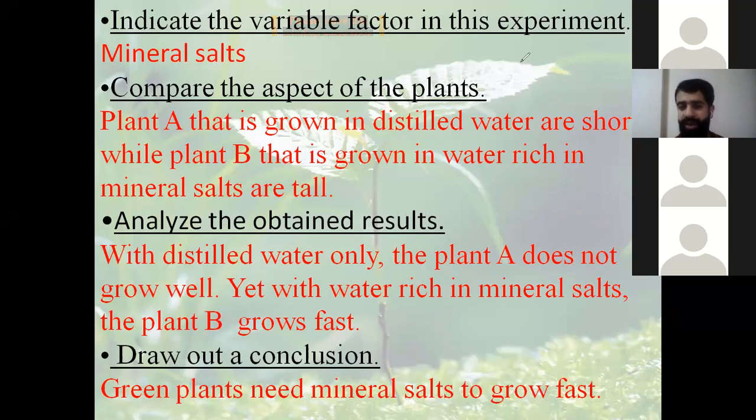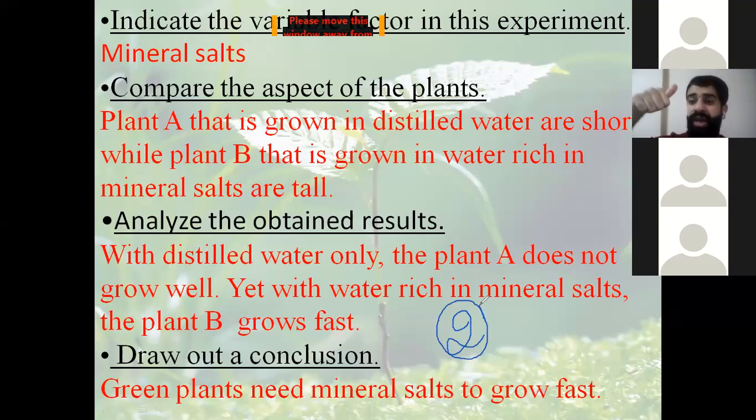So moving to the analysis: with distilled water only, plant A does not grow well, while with water rich in mineral salts, the plant can grow fast. So the second conclusion is that plants need mineral salts in order to grow. The first conclusion was that green plants need water to grow. Second, they need mineral salts.